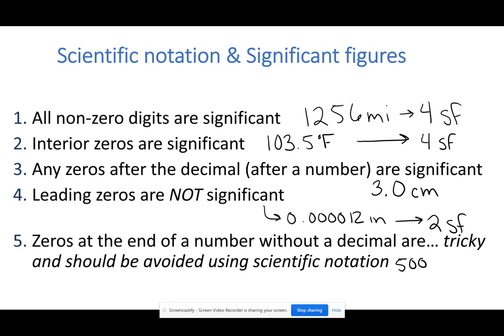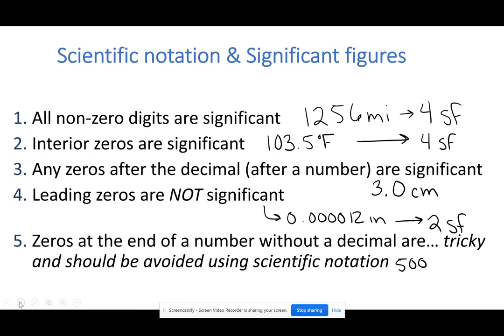Well, you don't know. You can't figure that out. If you do have to report a number like 500, you will know how many sig figs are there. And the best way to report those is to use scientific notation. So put that number into scientific notation and only add the zeros that are significant in that.